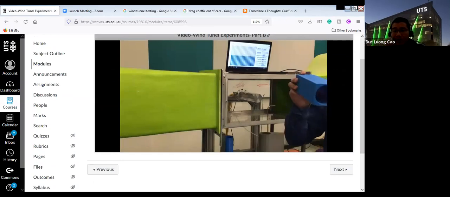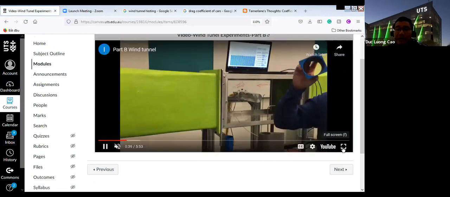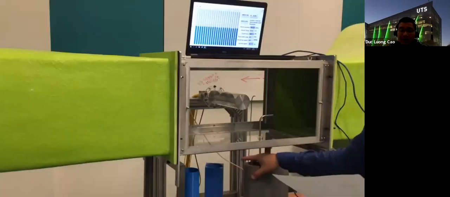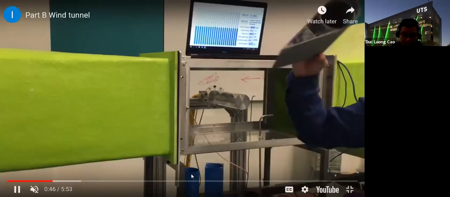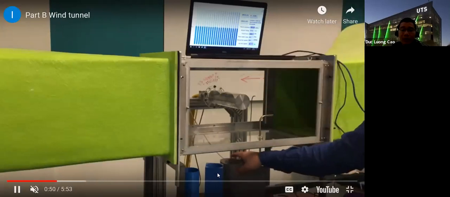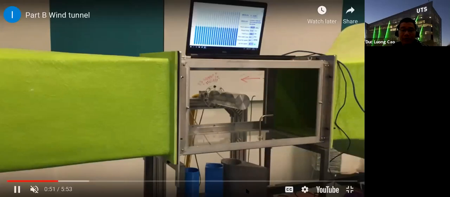For example, the first one is for a circle, the second one for a square and diamond, the last one for a raindrop facing forward and upward.